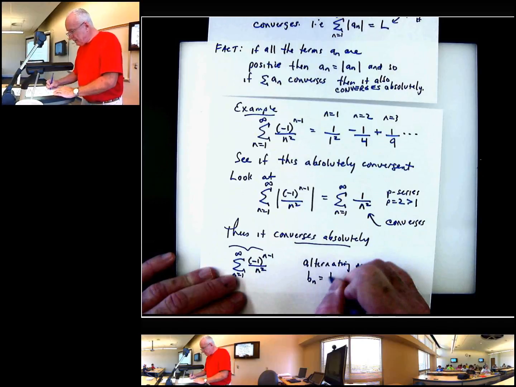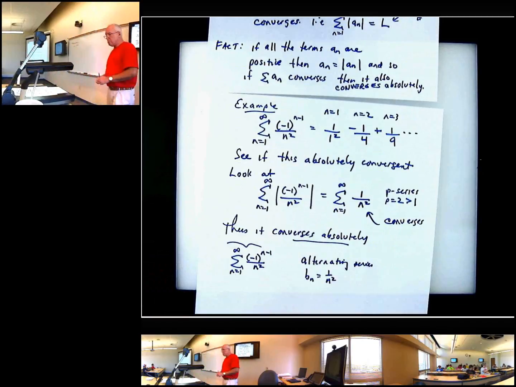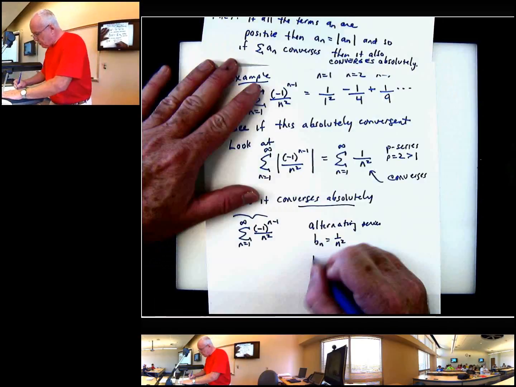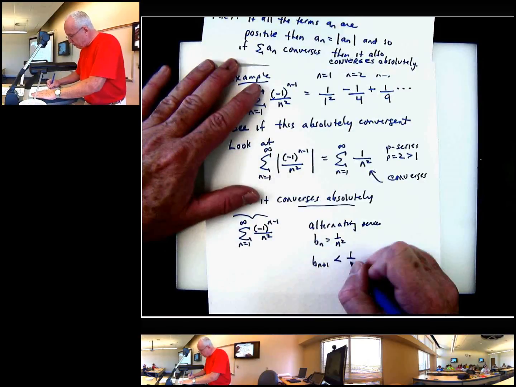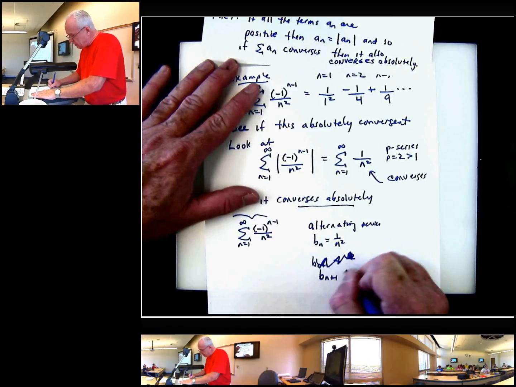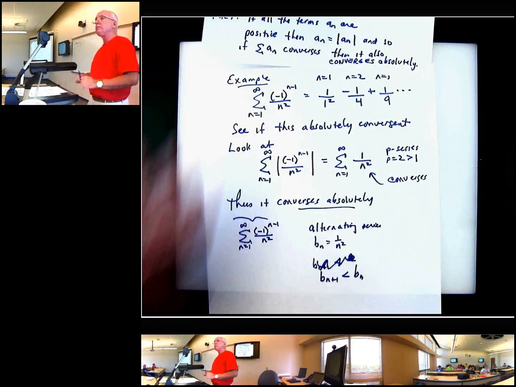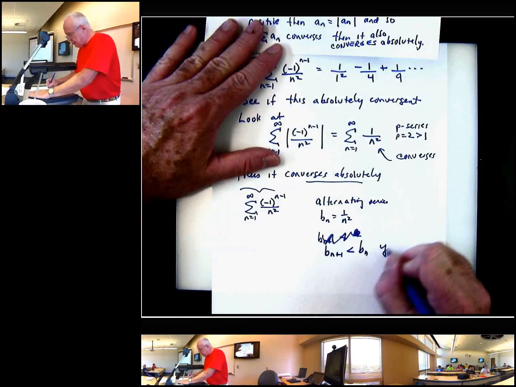My bn's are equal to 1 over n squared. So my question is, can I say that the bn plus 1s are less than the bn? Yeah, I think we can be pretty safe to say that.